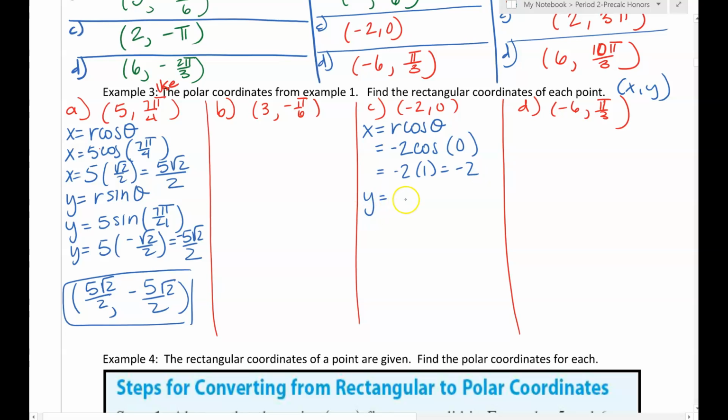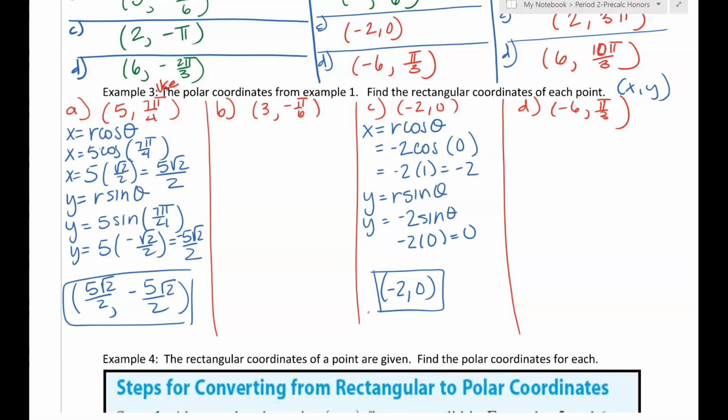And y is r times sine of theta. Radius again is negative 2. Sine of 0, oops, 0, not theta. Well, sine of 0 is 0, so negative 2 times 0 is now 0. What? It's the same exact answer as polar and rectangular? Yes, it is. Okay? Yes, it is.